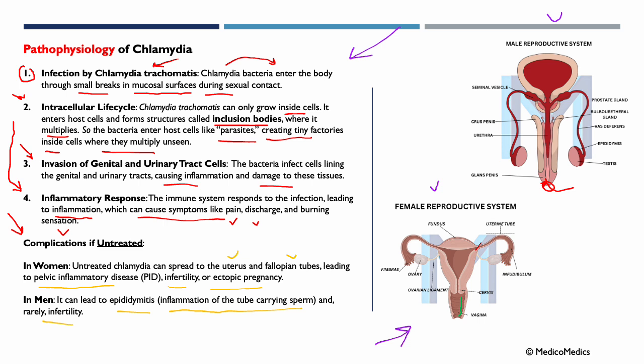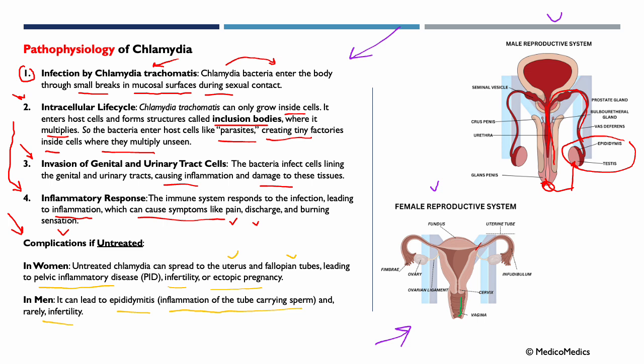There is, of course, the possibility of ascending infection, right? In some cases here, bacteria can ascend the urethra and infect the epididymis, seen here, right? So it travels, leading to epididymitis, so pain and swelling in the testicles here. It's quite rarely the case that it travels to the prostate, but it could, causing prostatitis.